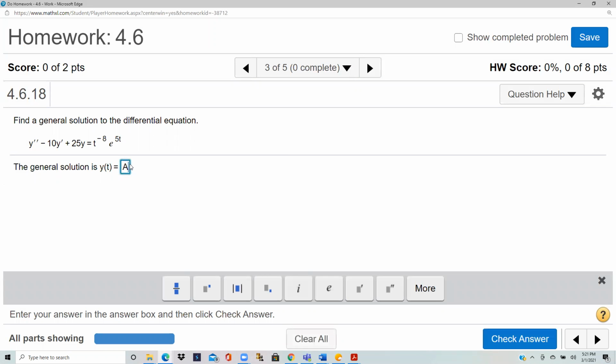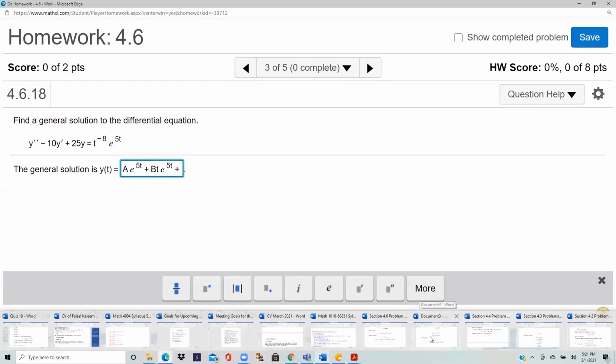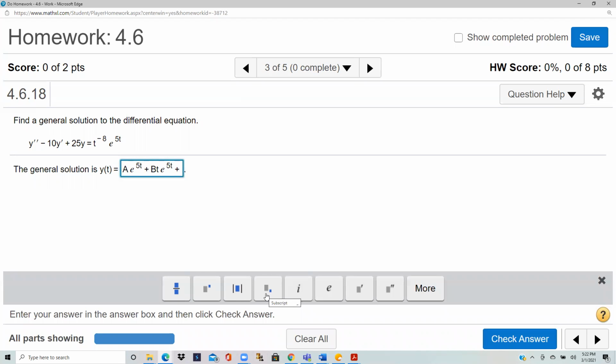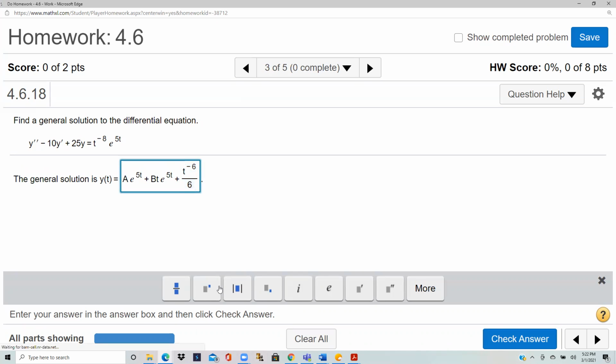So let's write A and B. Ae^5t plus Bte^5t plus t to the negative 6 over 6 e to the 5t.